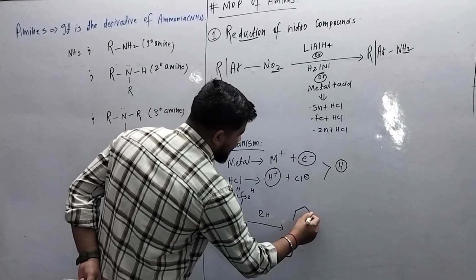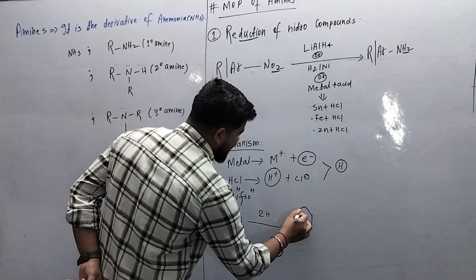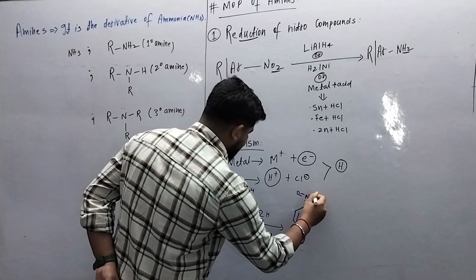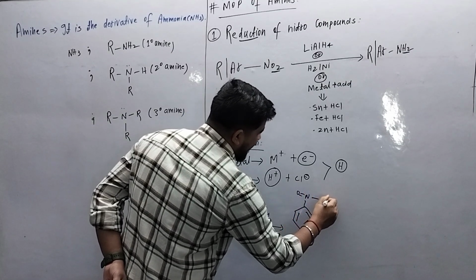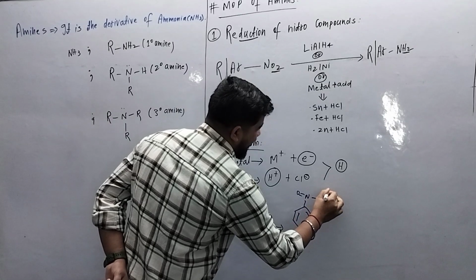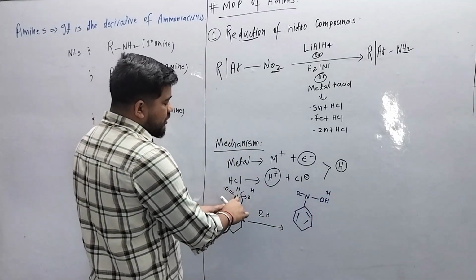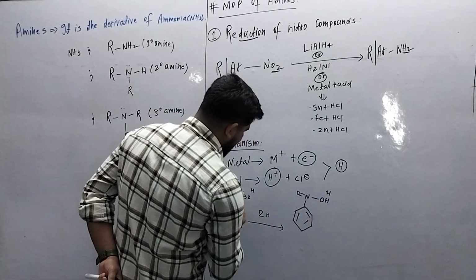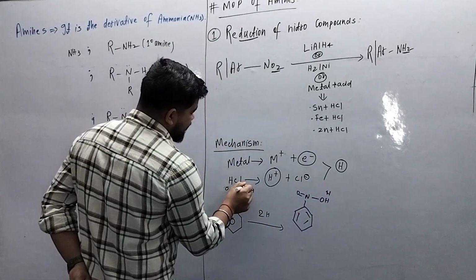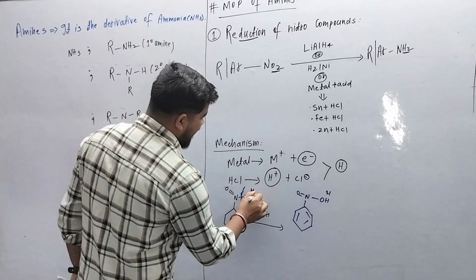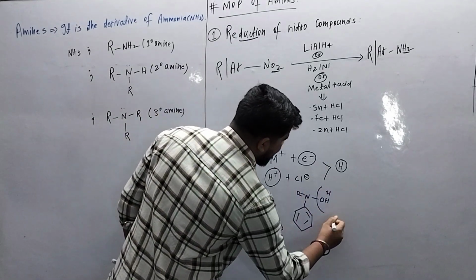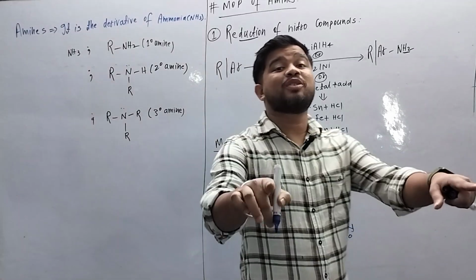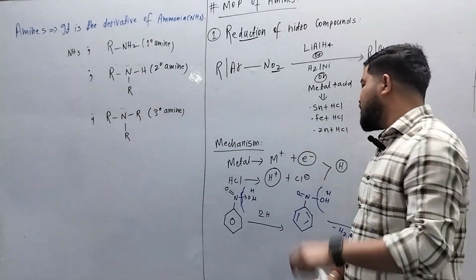The intermediate seems like that, with double bond, OH and H. Both the hydrogen will be added to the oxygen and water will be removed. And the product will be nitrosobenzene.